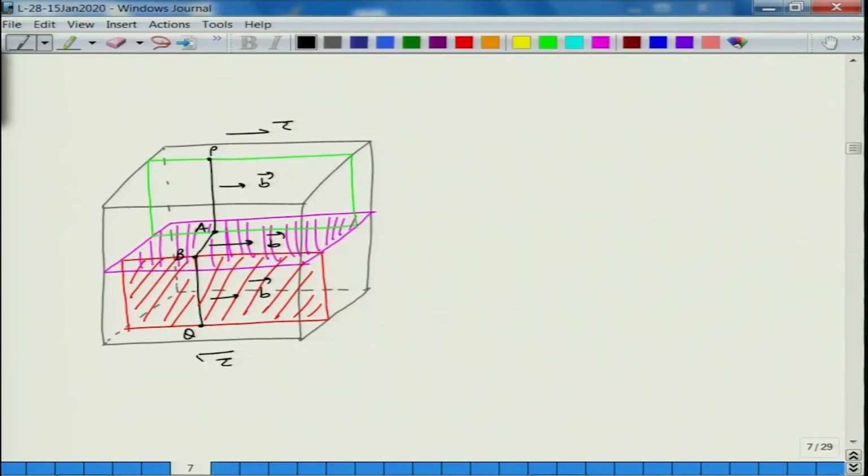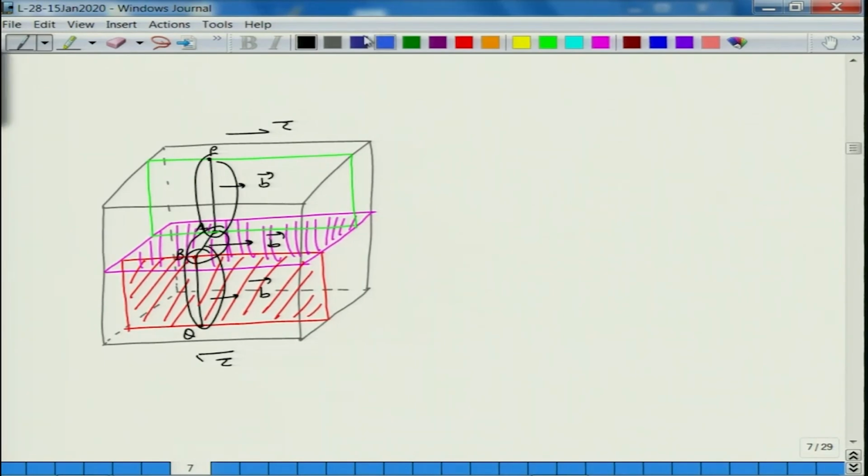Now, we can see that these are different planes, and the dislocation faces a different situation here than there, and if these planes are inclined, then it is going to face different shear stresses also on these planes.